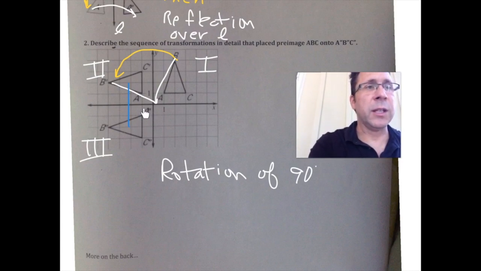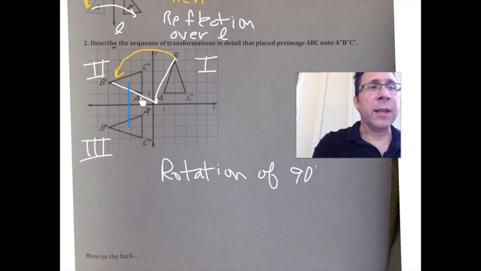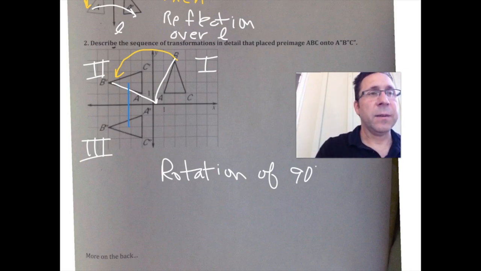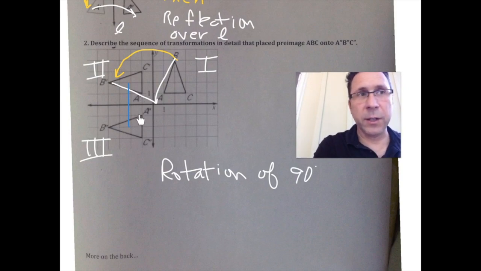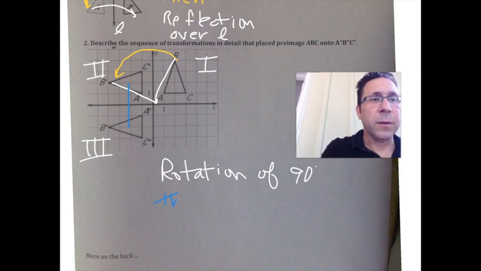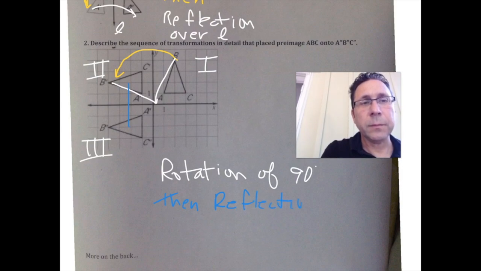And you can see that since it's close to the x-axis in both cases, the A has been flipped over the x-axis. If it was a translation, A prime would start there, and then A double prime would end up down over here. So this is a rotation of 90 degrees, then a reflection over the x-axis.